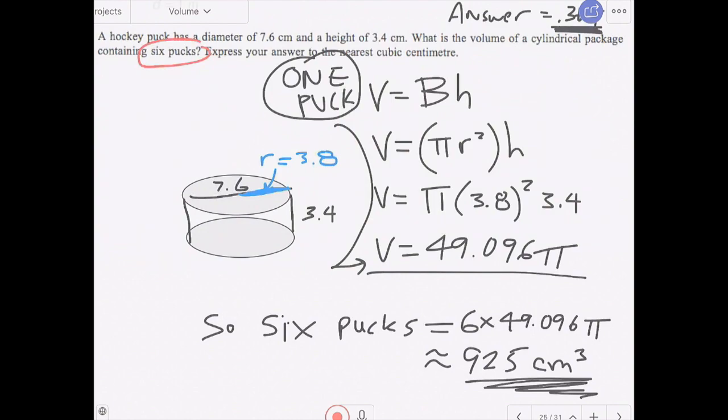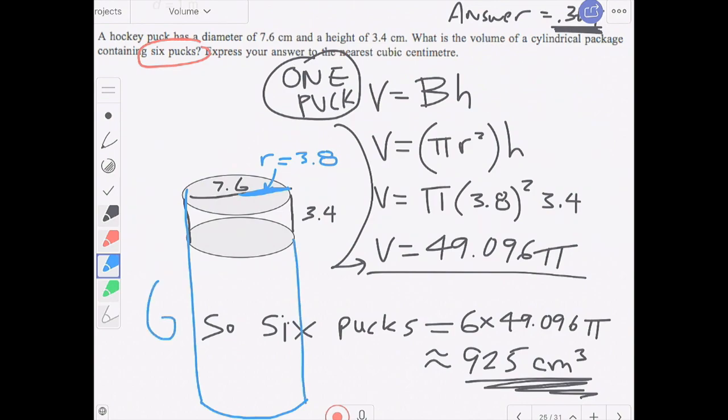And I figured out the volume of a single puck and then multiplied it by 6 to figure out the volume of a cylindrical package that would contain all 6 pucks. So picture a whole canister of pucks together if there were 6 pucks. Figuring out the volume of one particular puck and then multiplying that by 6.